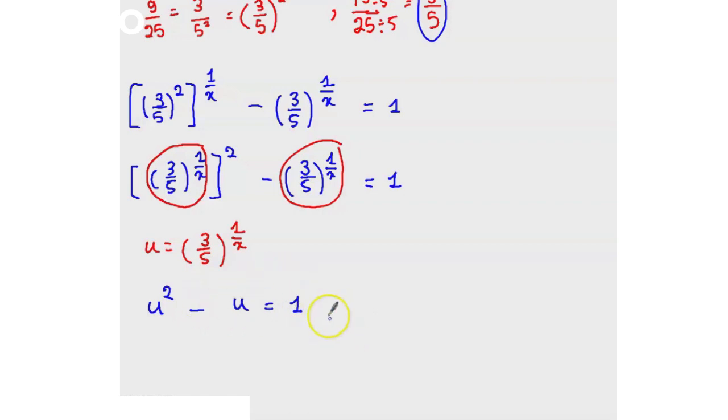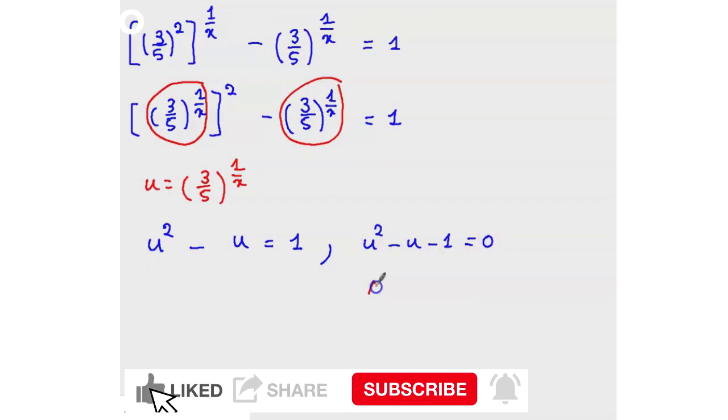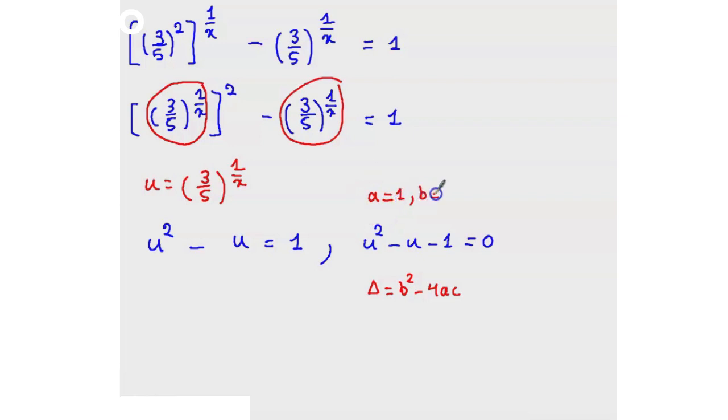If we bring 1 to the other side, we will get u square minus u minus 1 equal to 0. Now it's a quadratic equation. To solve it, we need to find the discriminant delta. So delta equal to b square minus 4ac. Here a is equal to 1, b equal to minus 1, and c equal to minus 1.